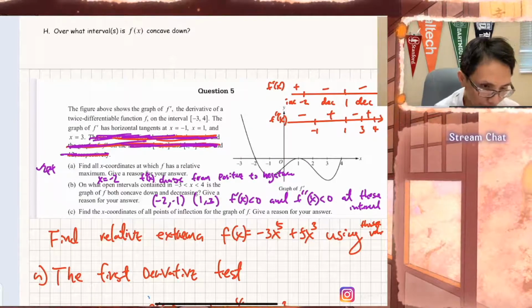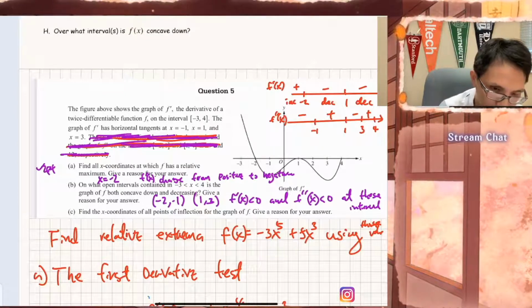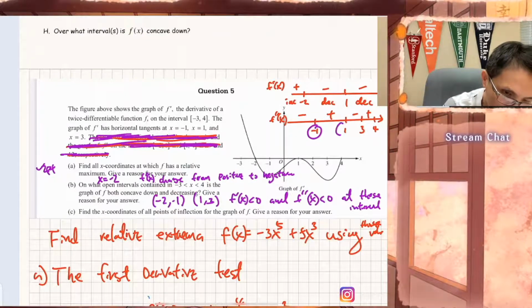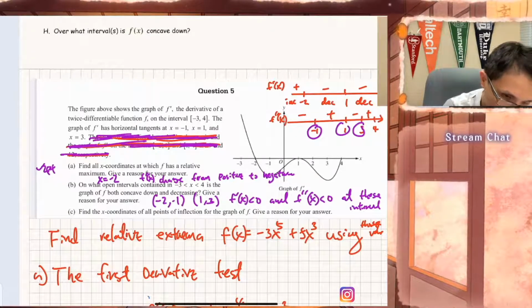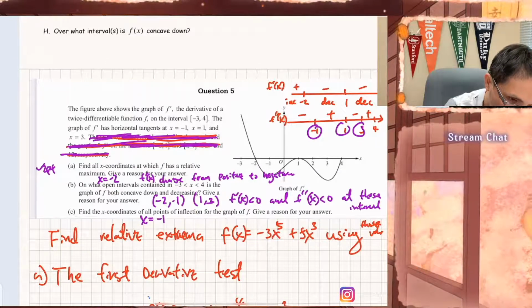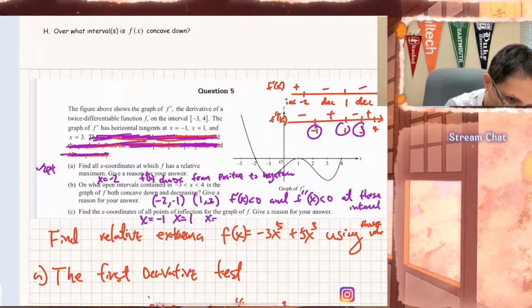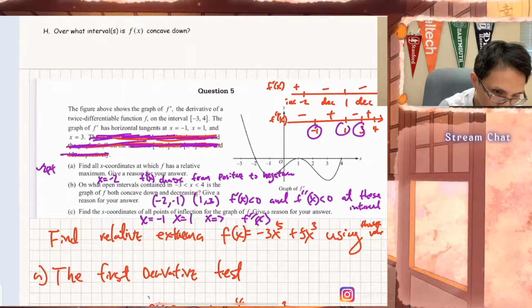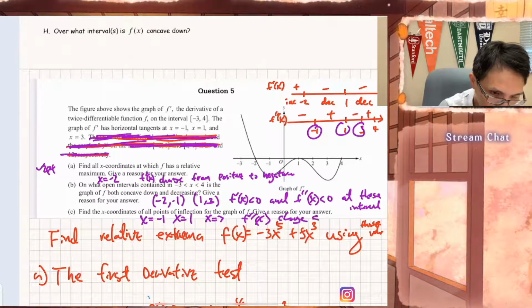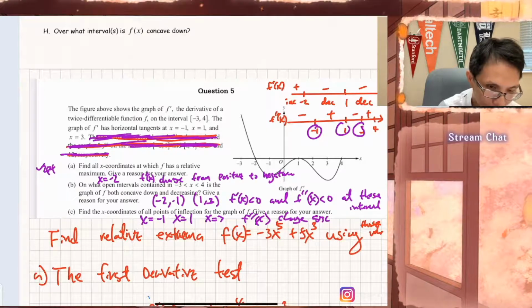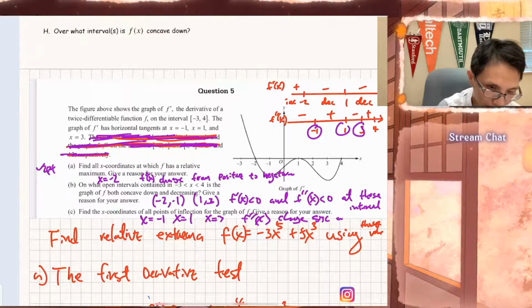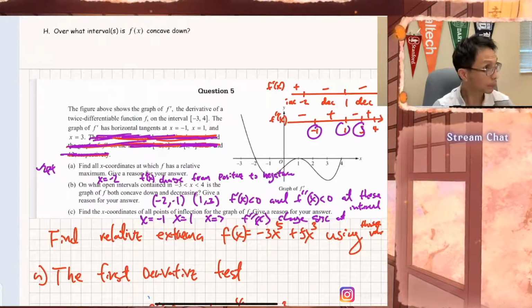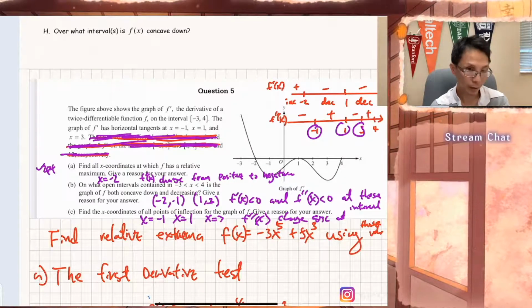Now find the x coordinates for all points of inflection. Here it's just going to be -1, 1, 3. So x equal to -1, x equal to 1, x equal to 3, because that's when they change sign. So you can say f double prime of x changes sign at those values. Don't say that f double prime is 0 at these values.